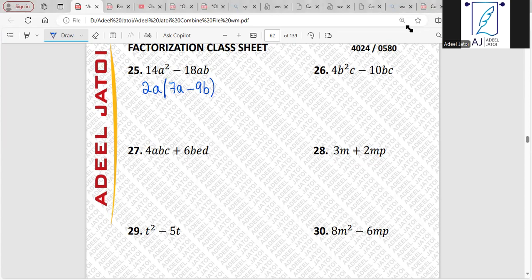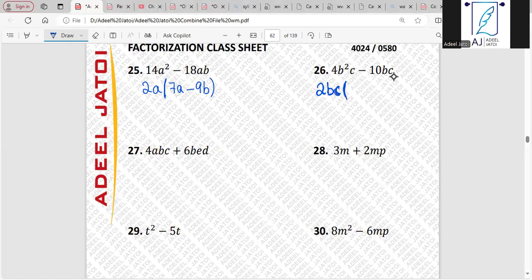Question number 26. Again, 4b square c minus 10bc. So 2 is the number, b square and b, we write down b because b is the minimum power, and we write down c because c is again the minimum power.